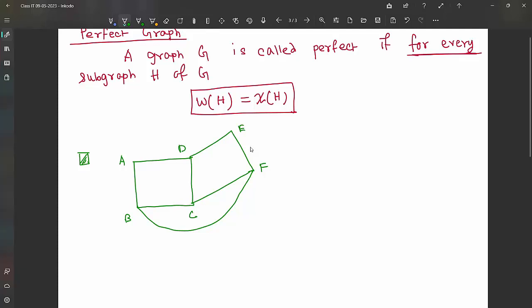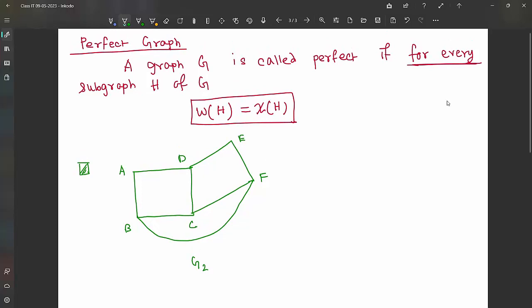We just start with the whole graph, because this graph G2 is also a subgraph of itself. So first we calculate the clique number of G2 and also the chromatic number of G2. What is the clique number of G2? We already calculated that W of G2 is equal to 3. This is the clique number.